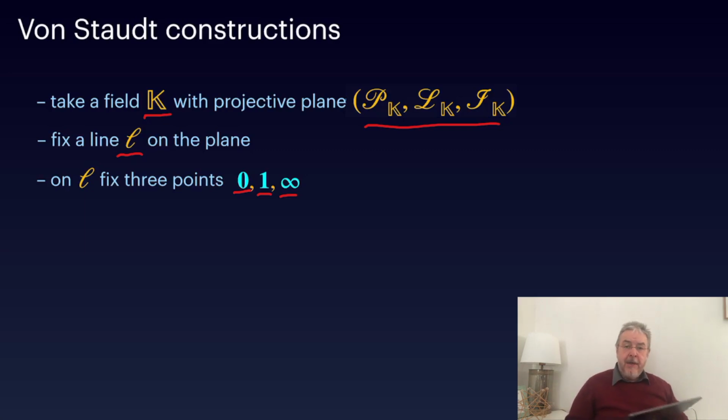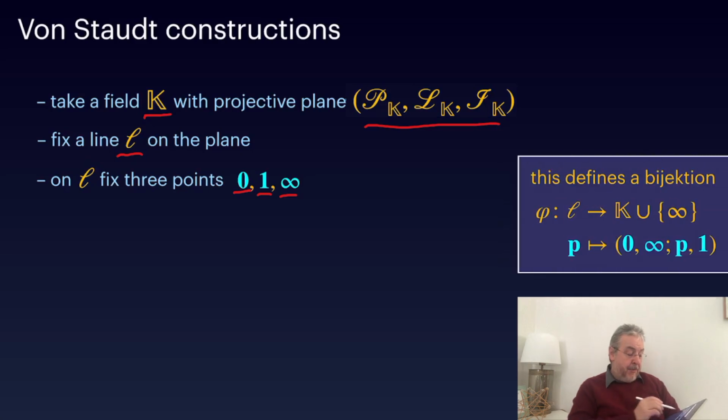I told you in the lectures about the cross ratio that if we do that, and if we consider the line to be essentially a copy of the one-dimensional projective line, then the cross ratio defines a bijection between points on the line and numbers in K union our one special point, the infinite point.